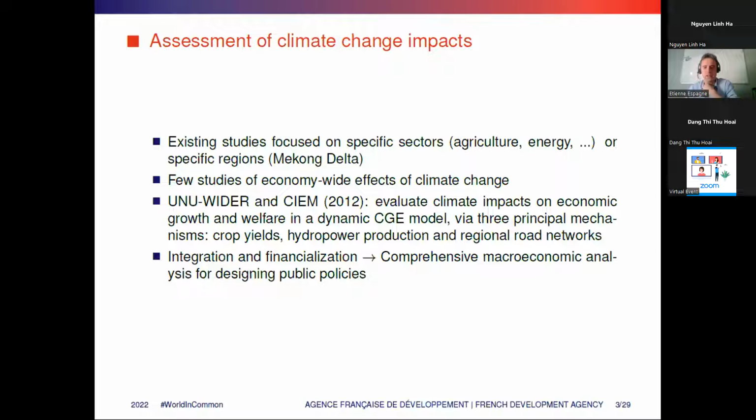There were actually quite a lot of sectoral studies or local regional studies on the impact of climate change on, let's say, agriculture in the Mekong Delta or energy in this or that place.